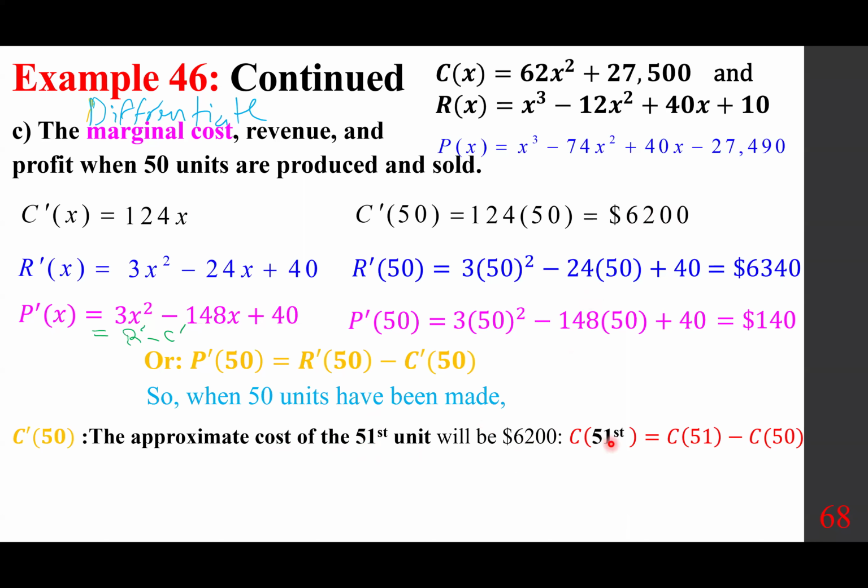So the cost of the 51st unit, how do you calculate? It's C of 51 minus C of 50, which would be the precise answer. So what is this? This is an approximation of that. How close is that? Let's just try this one.